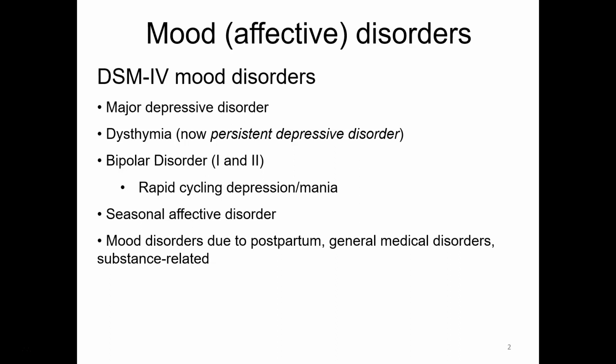And then we also have mood disorders that are due to a variety of different circumstances, such as hormonal changes during postpartum periods, general medical disorders, substance-related depression. Substance-related mood disorder is typically diagnosed when a clinician believes that a drug or some other chemical substance, or withdrawal from that substance, actually causes symptoms that are suggestive of these types of mood disorders.